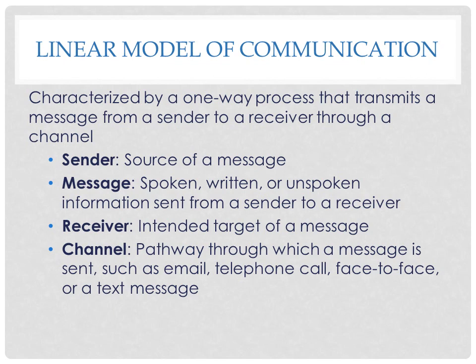The message is either spoken, written, or unspoken information sent from a sender to a receiver. And the receiver is the intended target of a message. The channel is the pathway through which a message is sent, such as email, a telephone call, face-to-face, or a text message.